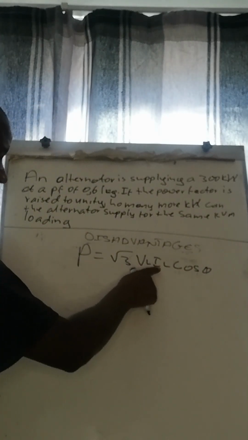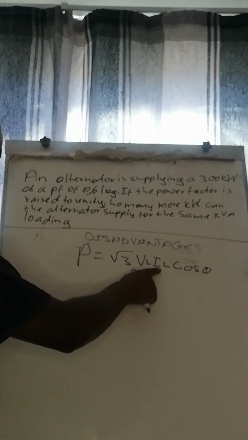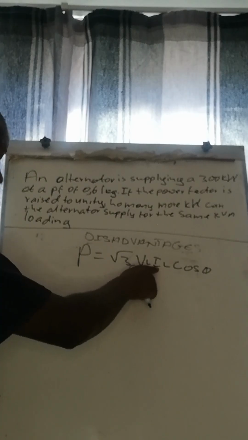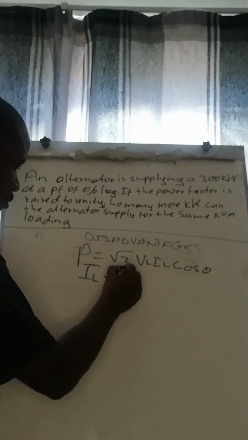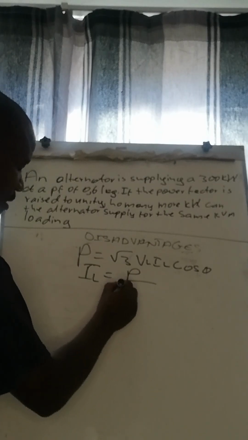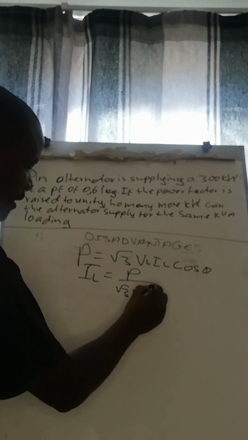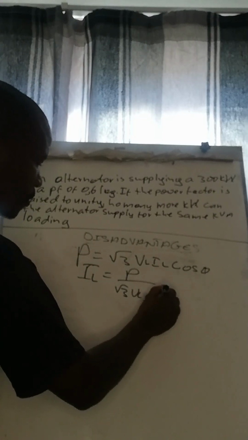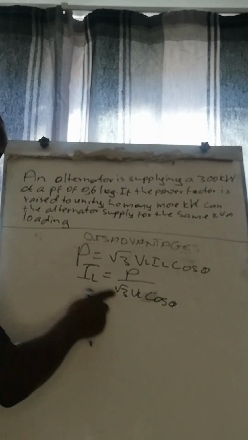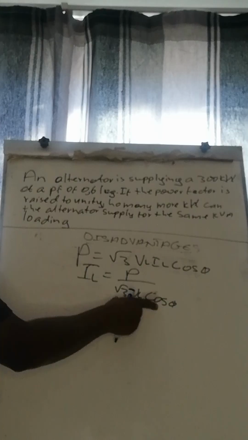If we make the line current subject of the formula, look, it will be I line is equal to power over root 3 V line cos of phi. Why? We have made I line subject of the formula.